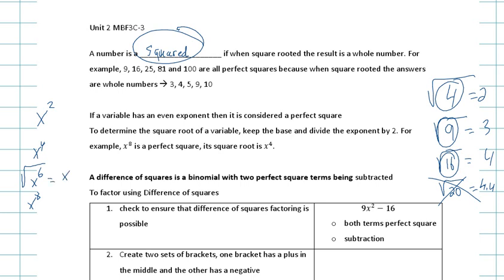Because what you do, you divide your exponent by 2. So if you do square root of x to the power of 8, it's going to be x to the power of 4. Okay? Only the exponent you divide by 2. The coefficient, you have to actually square root it using the factor. Exponent divided by 2. Okay?